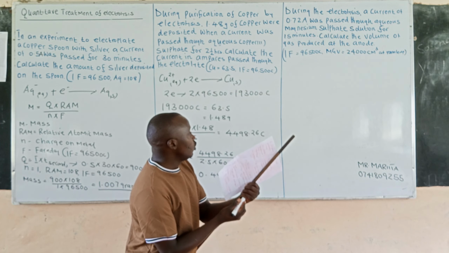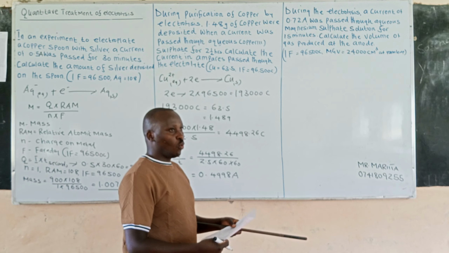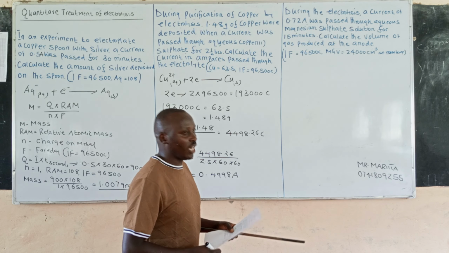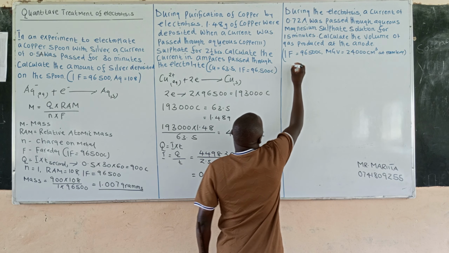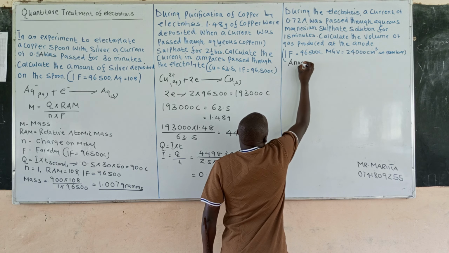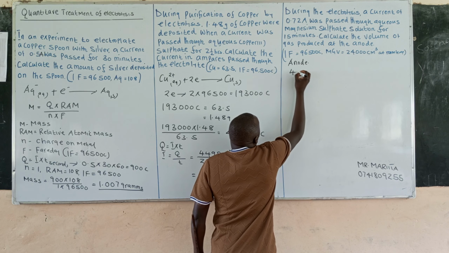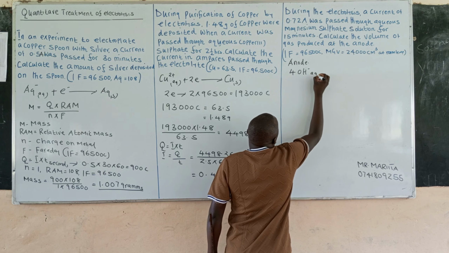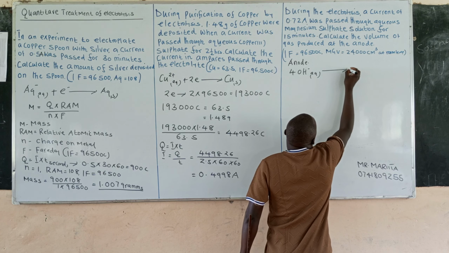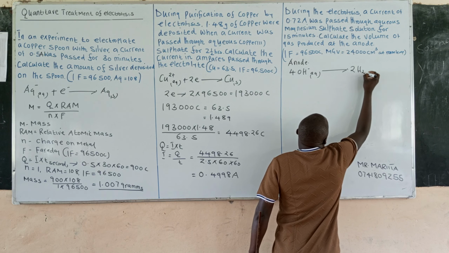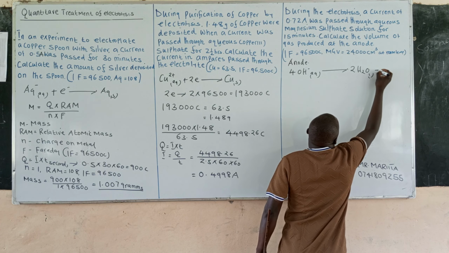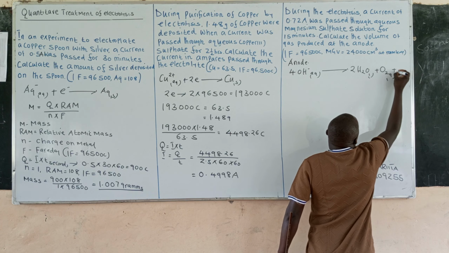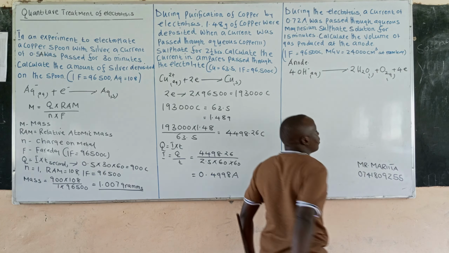Now we need the equation that produces the oxygen gas at the anode. At the anode, we have the hydroxide ions, and this gives 2 moles of water plus 1 mole of oxygen, and then we have 4 electrons.